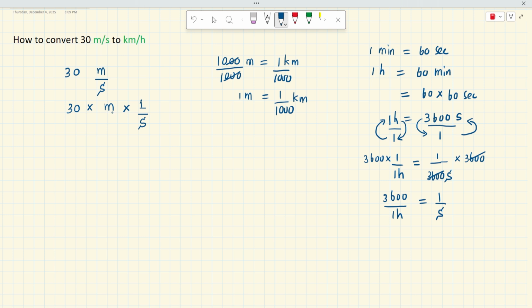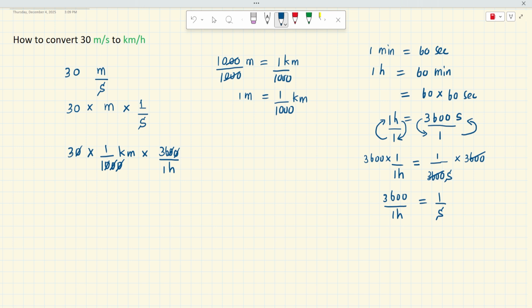Now I'm going to substitute 30 times, here meter, that means 1 meter, that is 1 over 1000 kilometers, times 1 over s equals 3600 over 1h. Now I'm going to simplify. 0 cancel 0, 0 cancel 0, 0 cancel 0.